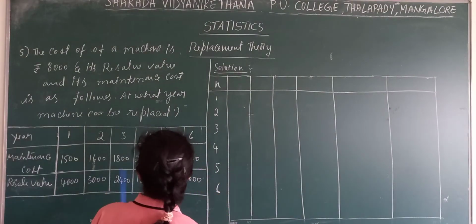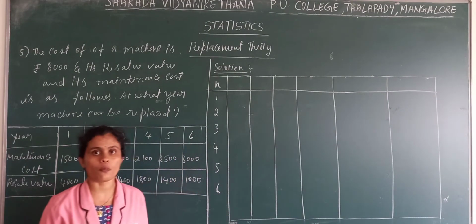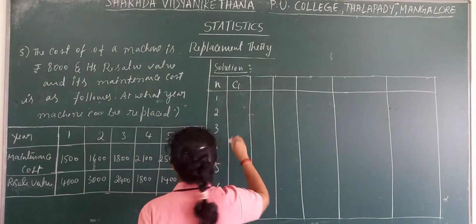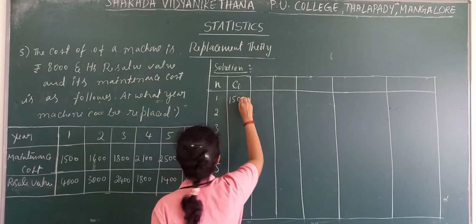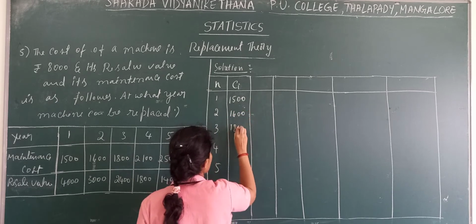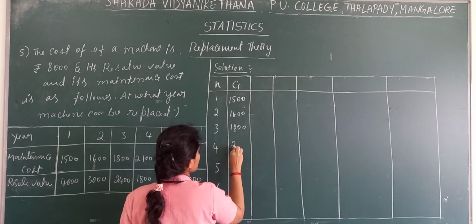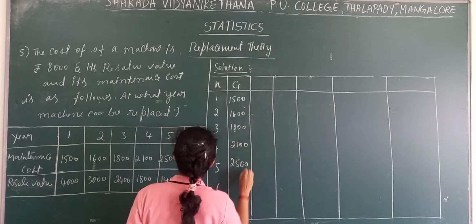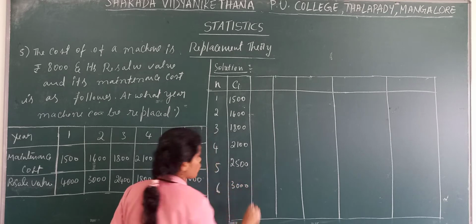Next we will take maintenance cost or operating cost. We take it as CI. So here maintenance cost is 1,500, 1,600, 1,800, then 2,100, 2,500, and last one it is 3,000.